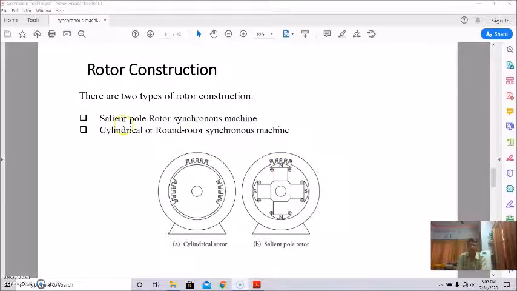On the basis of the type of rotor used, the machine is named either salient pole, or protruding pole, or projected pole type rotor, which is called salient pole rotor synchronous machine, and the other is the cylindrical or non-salient pole type, cylindrical or round rotor synchronous machine.